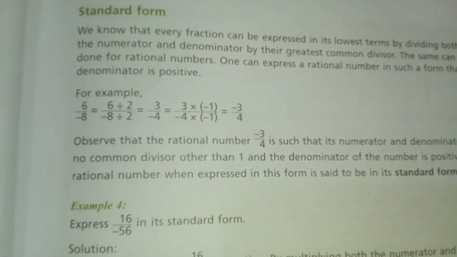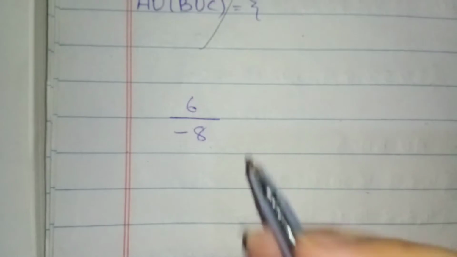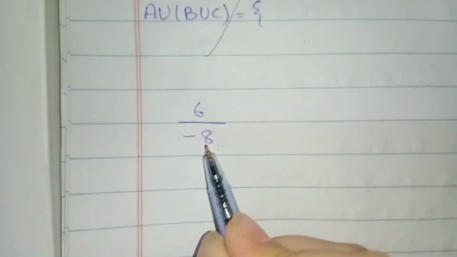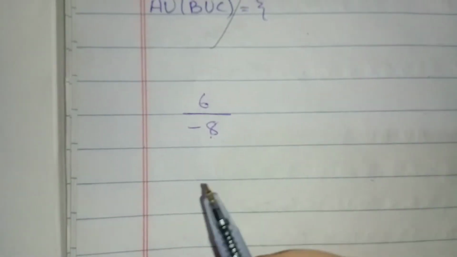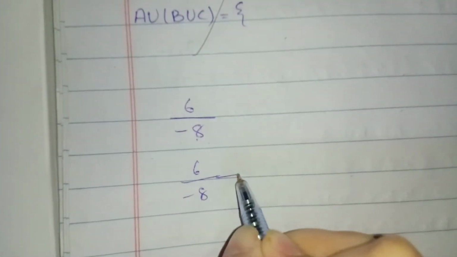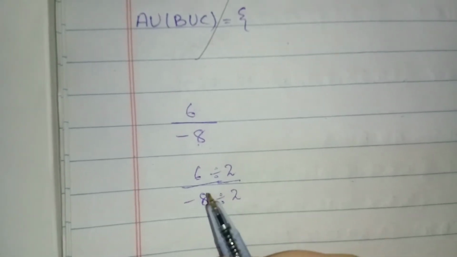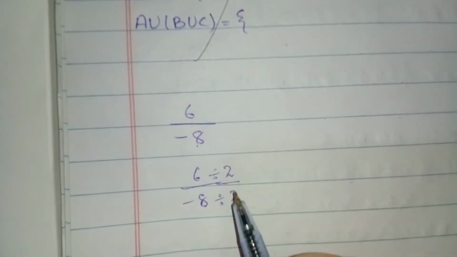So first of all, the first example is 6 over minus 8. As we know, for 6 over minus 8 the greatest common divisor is 2. We have to divide the numerator and denominator by the greatest common divisor.